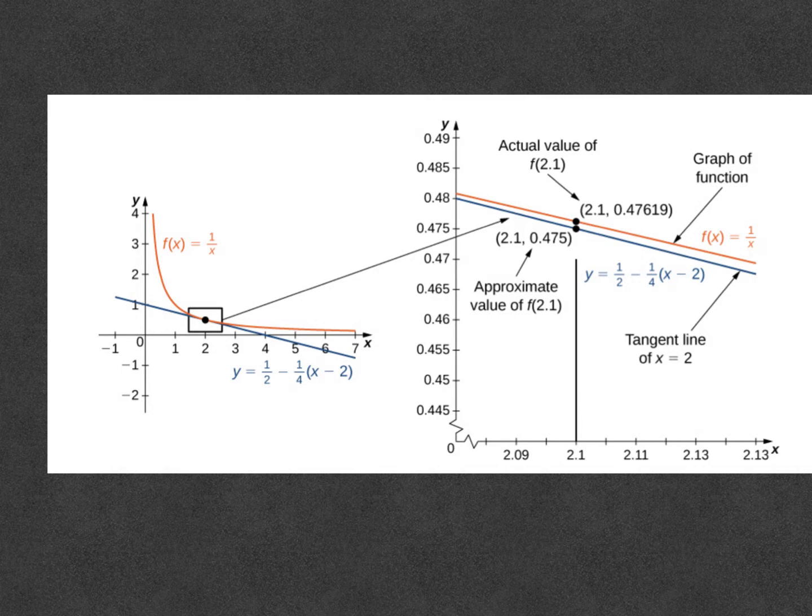So the argument there is that my tangent line is a pretty good approximation to the curve f of x equals 1 over x for points close to 2. And that's why it's a linear approximation. We're approximating a function value with a line.